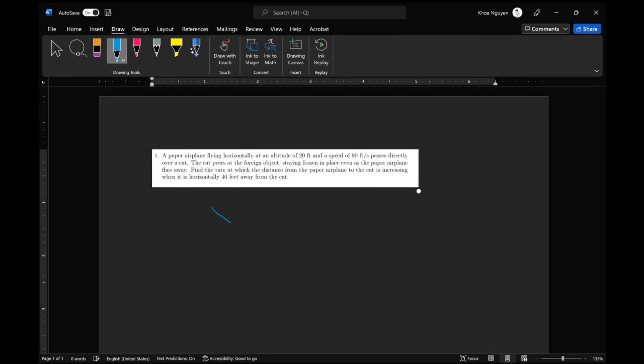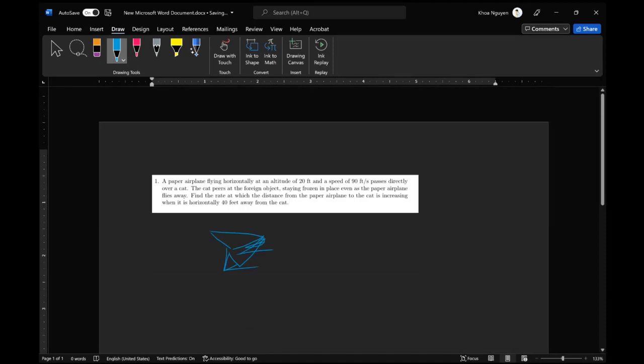So we've got a paper airplane, and it's going at an altitude of 20 feet.